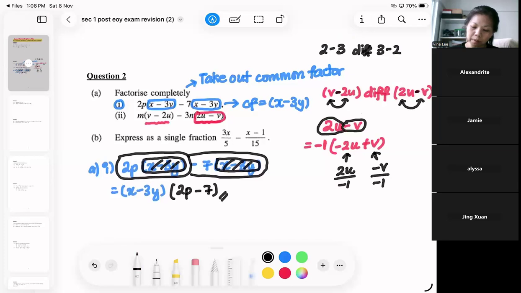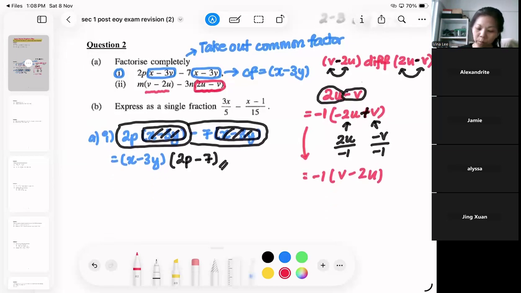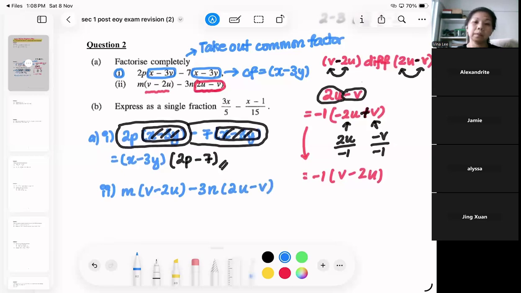Why do I want to factorize out a -1? Eventually, this part will become, let me write properly, a v minus 2u. So the first thing is please recognize that the brackets are not the same.